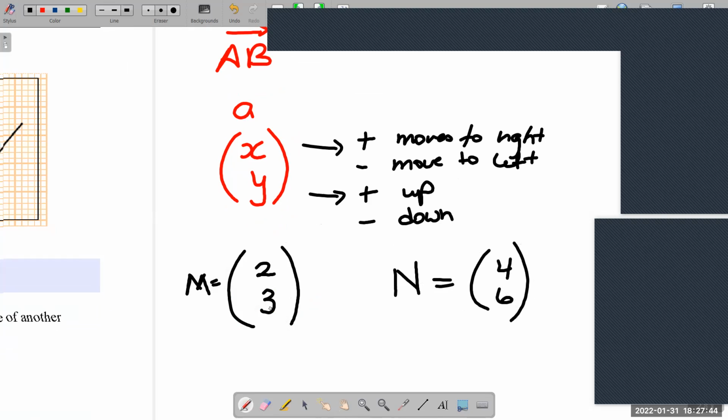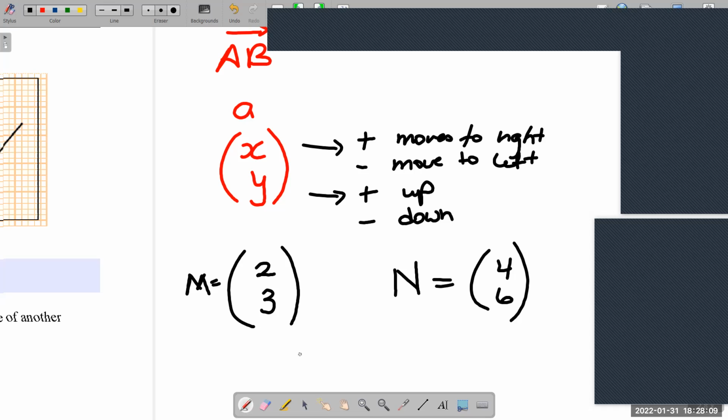Can anybody pick up a connection between M and N? Is there any relationship you realize between (2, 3) and (4, 6)? Look at the numbers. Exactly, a multiple of 2. Everybody seen it? It's very easy to identify.